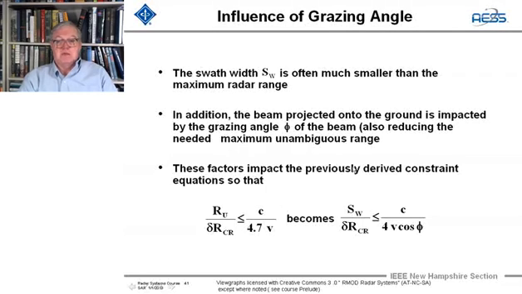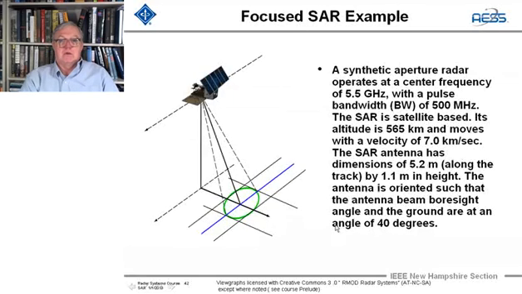And these factors impact the previously derived constraint equations, so that the equation we got on the last viewgraph becomes this, where phi is the grazing angle that we're hitting the ground with, and was defined earlier. And this S is the swath width that we're looking at, and this is, of course, the resolution in the cross range.